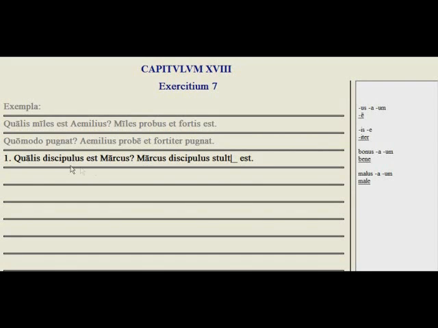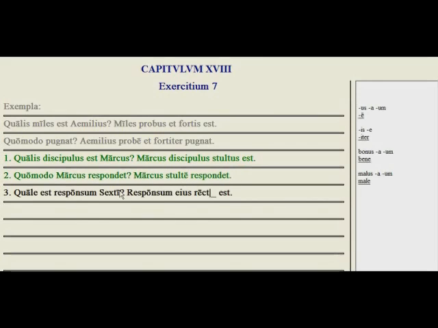Number 1, qualis discipulus est Marcus? What kind of a student is Marcus? Marcus is a stupid student. Stultus. Quomodo Marcus respondit? How does Marcus respond? Marcus responds stupidly. Stulte. What sort is the response of Sextus?